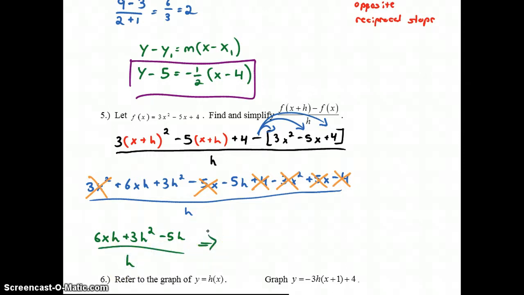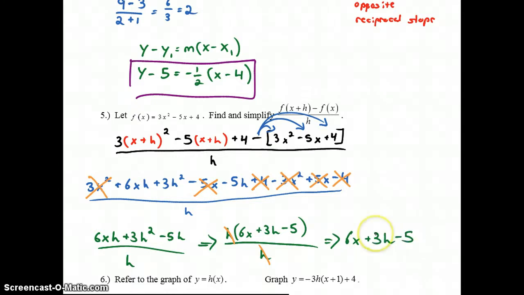I can factor out an h from the numerator, and I get h times 6x plus 3h minus 5 all over h. More things cancel. And after all of that, I'm left with 6x plus 3h minus 5.